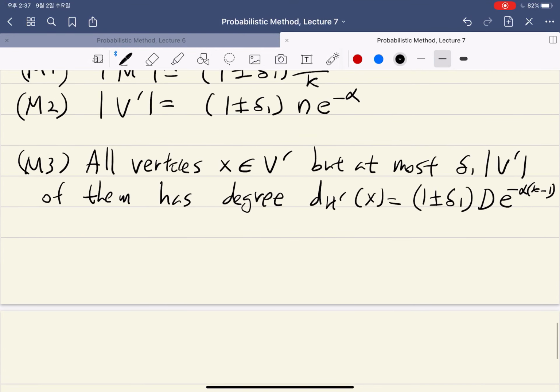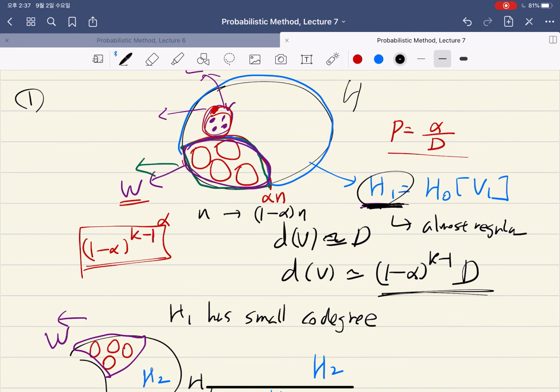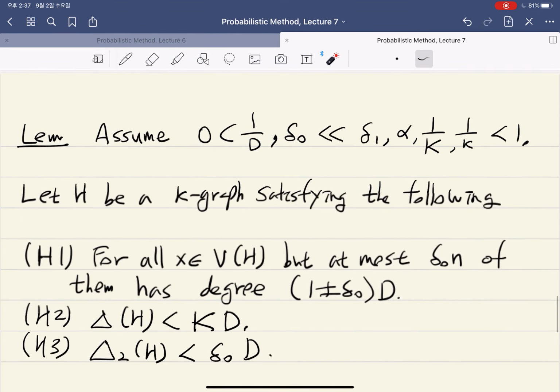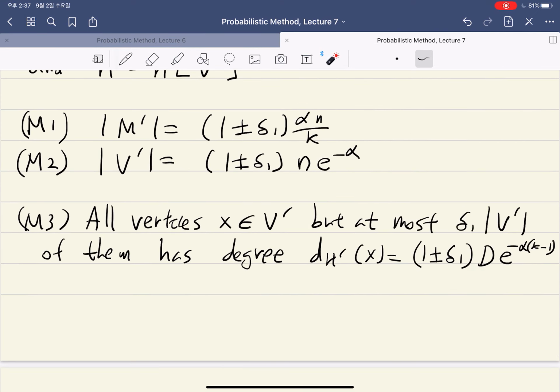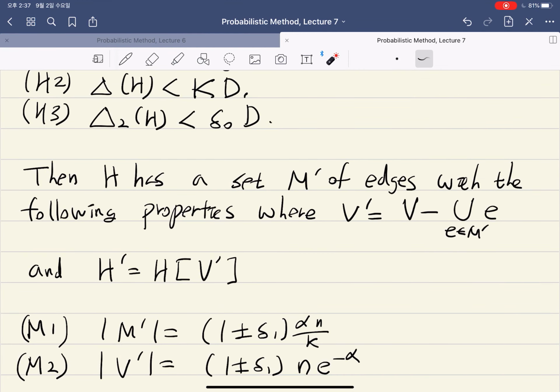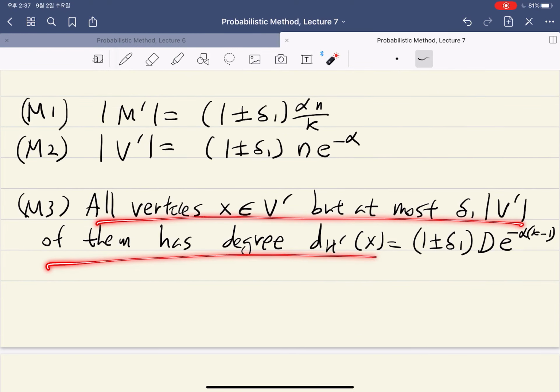Anyway, what it means is exactly what we wanted to do in this one step. If the initial one was very close to regular with small codegree, then you can choose some set of edges, and the set of edges has the correct size. Once you delete it, the number of vertices is correct, and the remaining vertices induce a graph which is, again, almost regular.